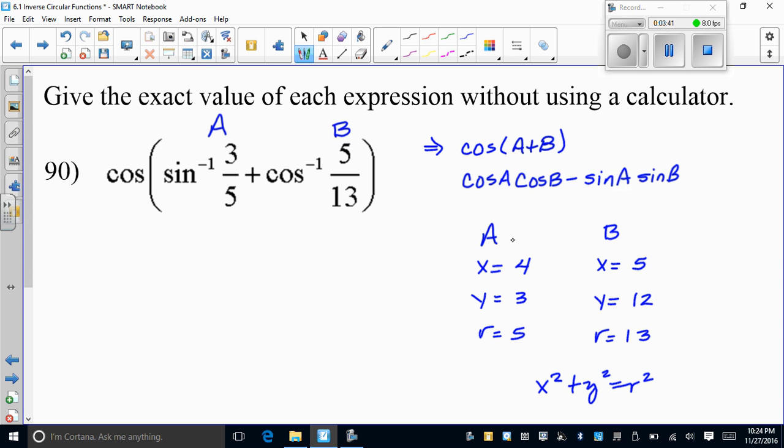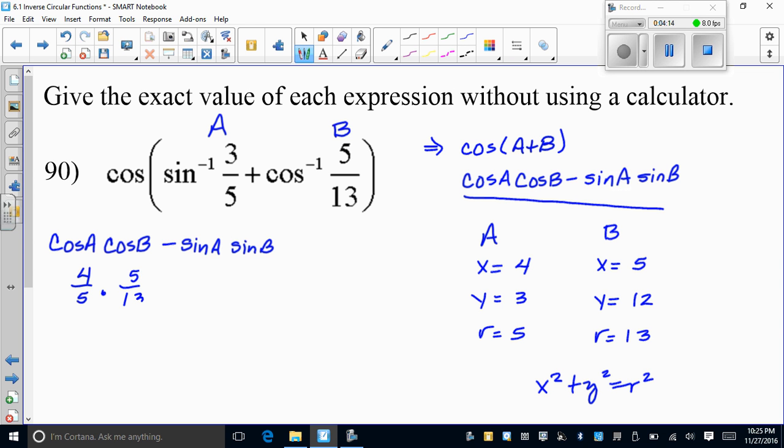So we're going to use this formula. So cosine of A times cosine of B minus sine of A times sine of B. So cosine of A is going to be 4/5 times cosine of B, which they gave you, 5/13, minus sine of A, which they gave us, times sine of B, which will be y over r, 12/13.